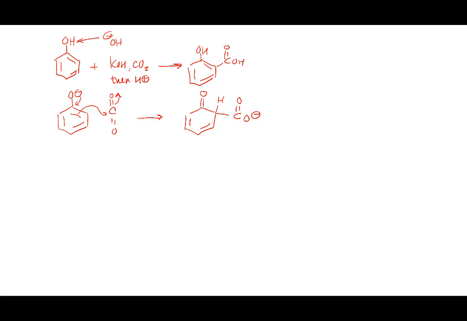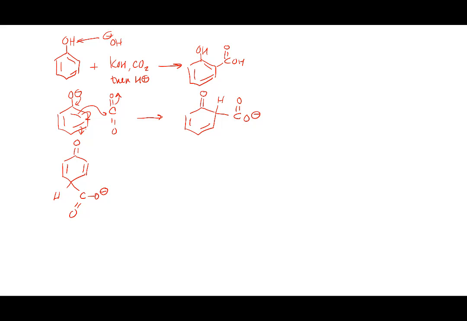Now, I suppose we could continue on and have the pair of electrons move down here, and then have this pair of electrons move here, and then have that one move out to react with the C double bond O. And you would end up forming that product.